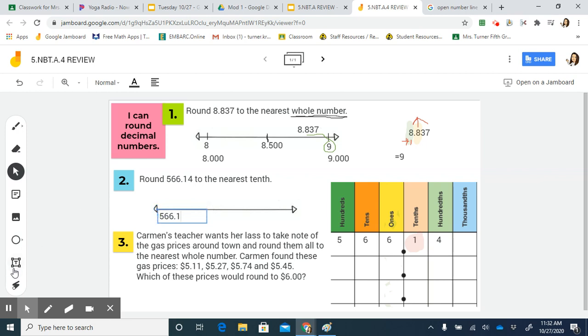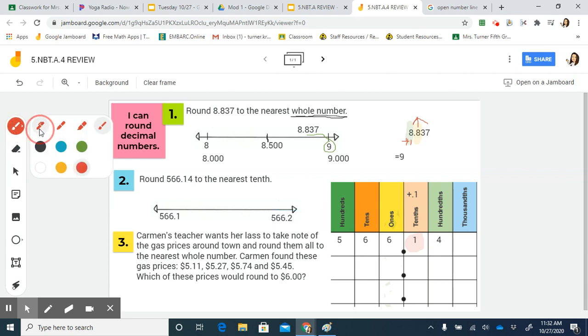Then I'm going to add a tenth to figure out what my endpoint is. I just add whatever place value I'm in. So 1 more than 1 would be 2, and then my endpoint would be 566.2. And that's where my number lives on the number line. It lives between these two numbers.